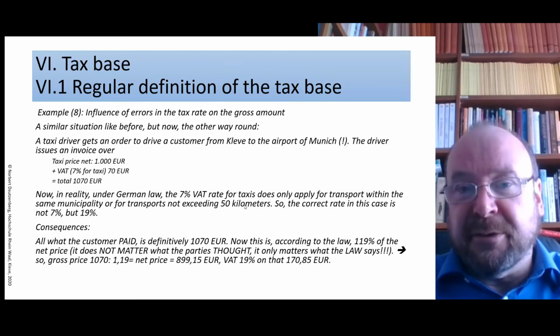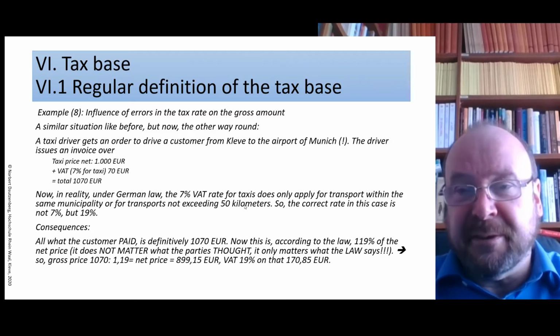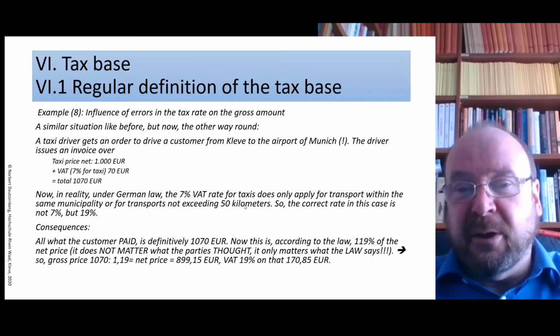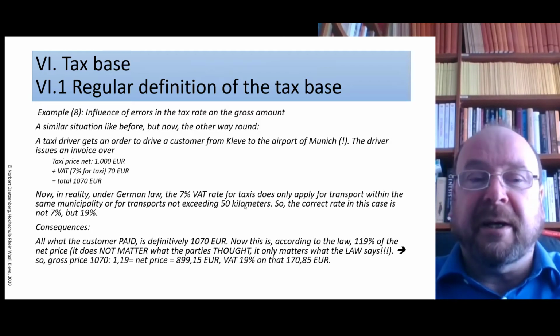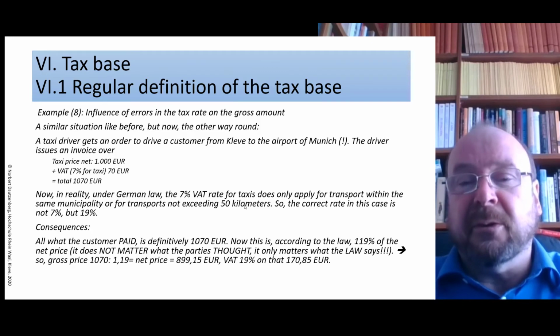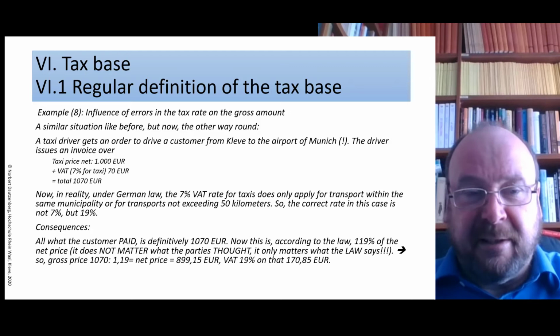Probably if one of the two realizes the mistake and they still have the possibility to communicate with each other, if they know each other, then they might enter into contact again and correct the whole mess by calculating the thing anew, or issuing a correct invoice, or whatever else.